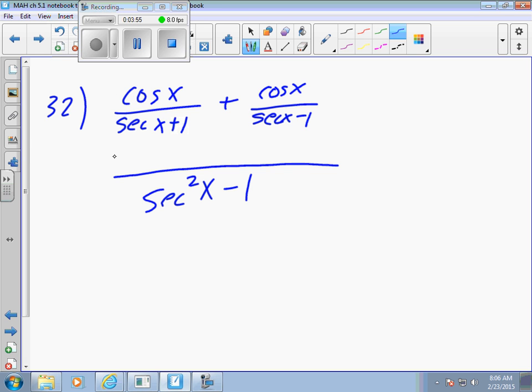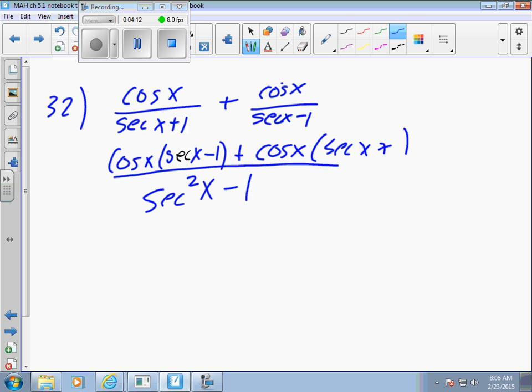To get my top, I have to take the cosine here times secant x minus 1. Over here, I need to multiply this cosine by the secant x plus 1.